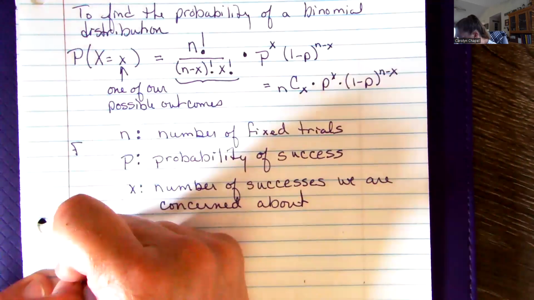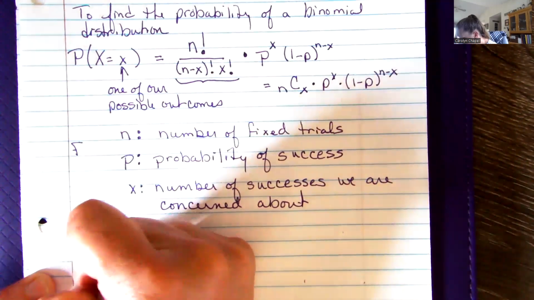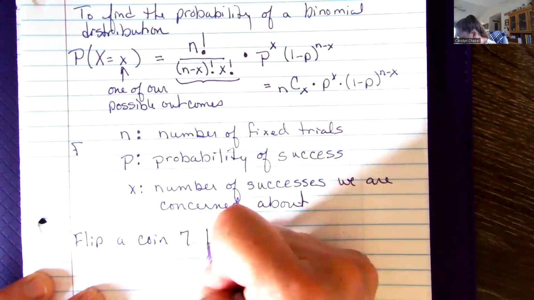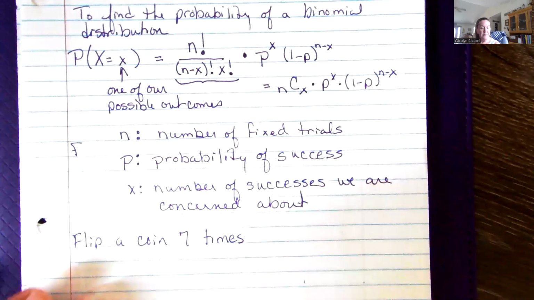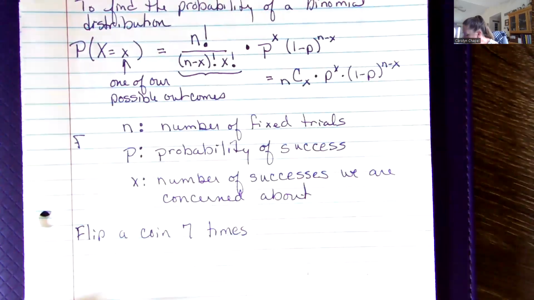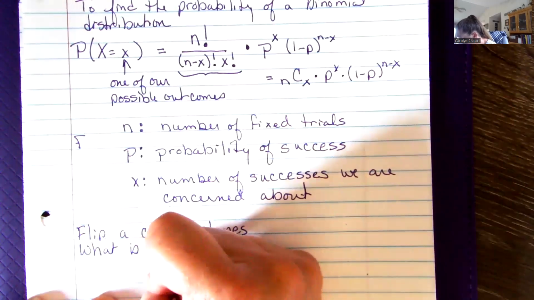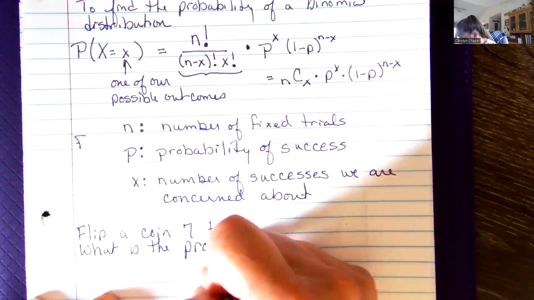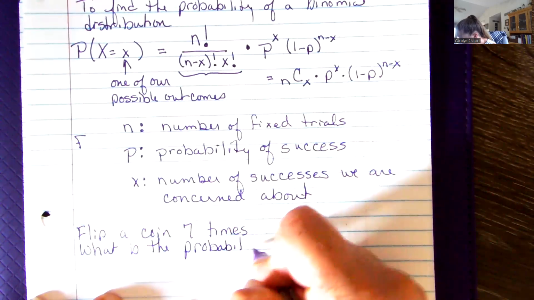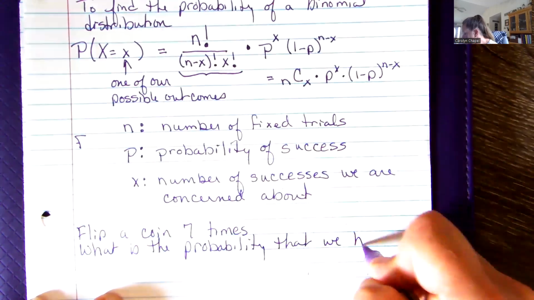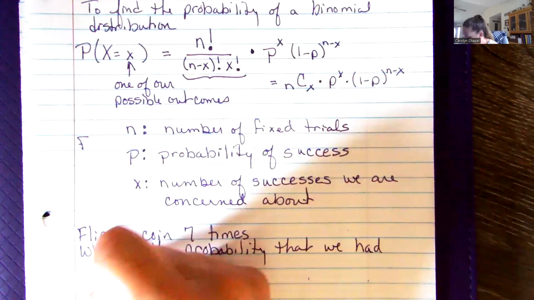So let's flip a coin 7 times, and I want to know what is the probability that we had 4 heads.